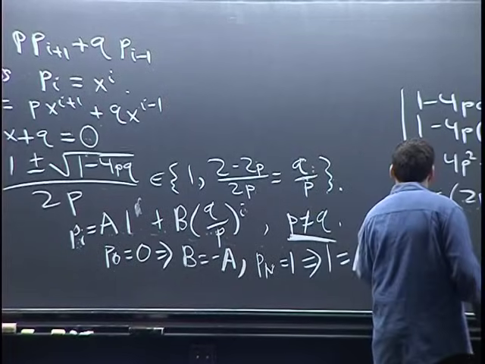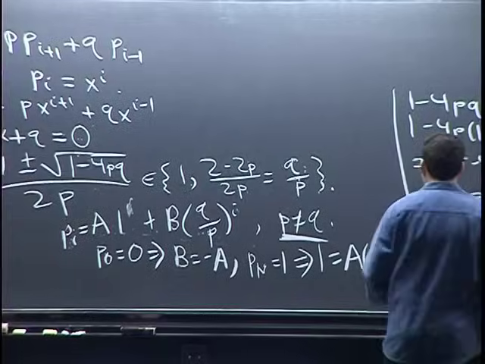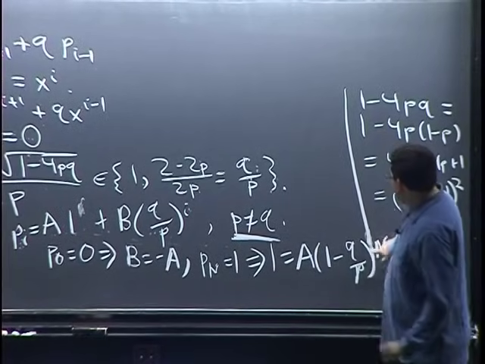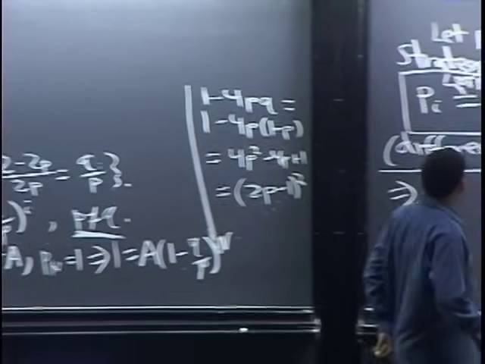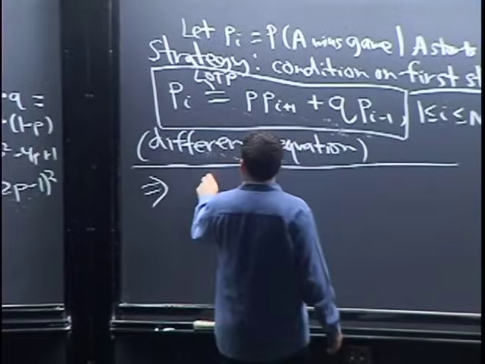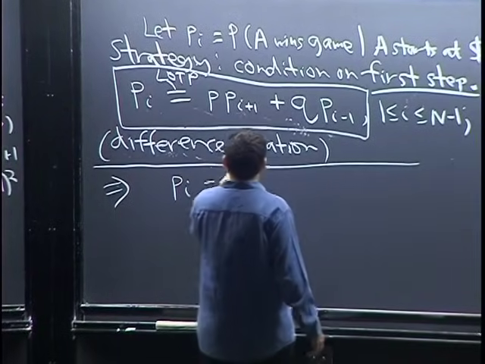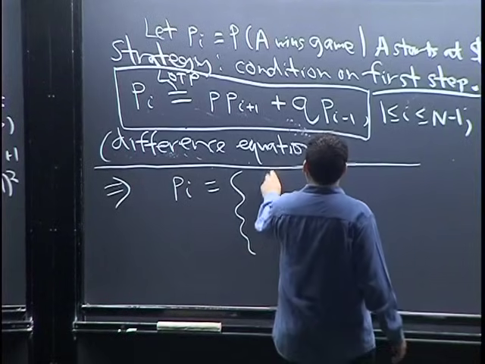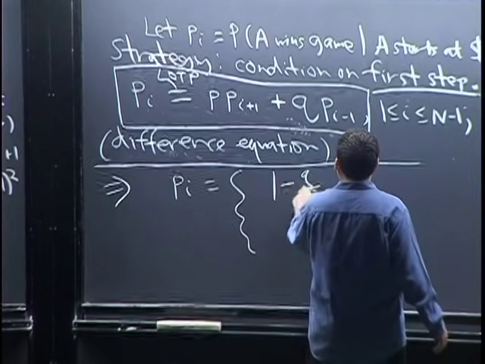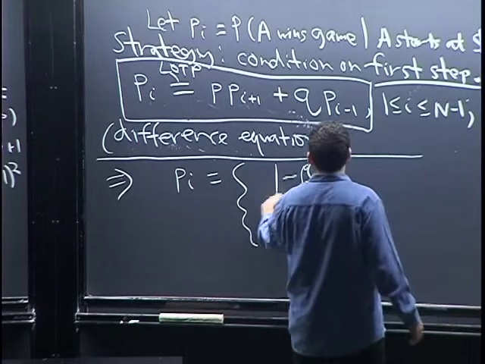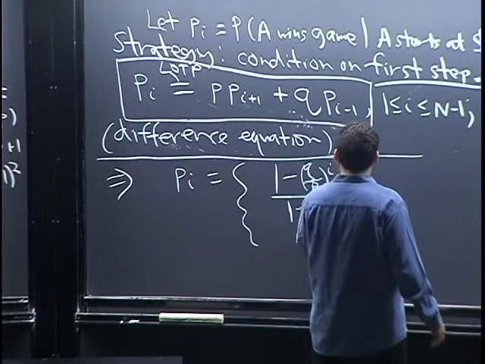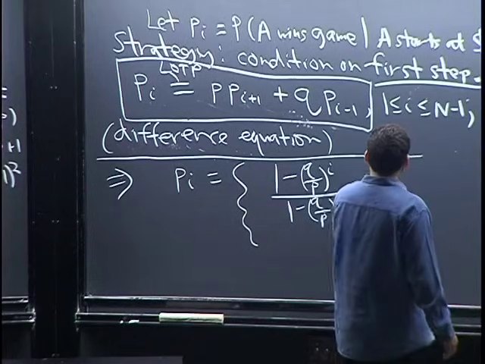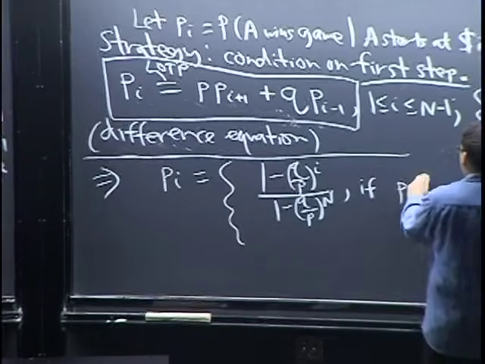So a is 1 over (1 minus (q over p) to the n). So then we have the answer: p_i equals (1 minus (q over p) to the i) over (1 minus (q over p) to the n), as long as p is not equal to q.